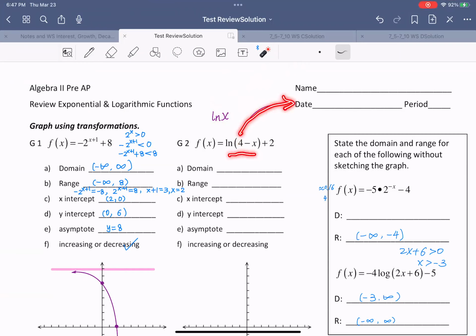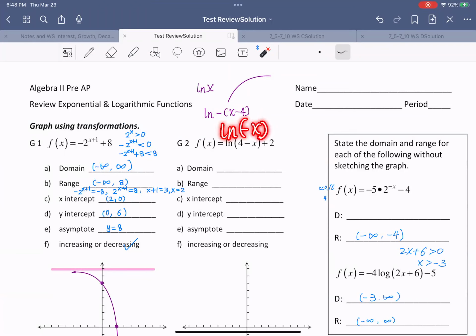And then what happened here? When you have 4 minus x, you want to keep in mind ln of negative x minus 4. So what did this guy do? This guy shifts to the right by 4, and then it does a reflection.